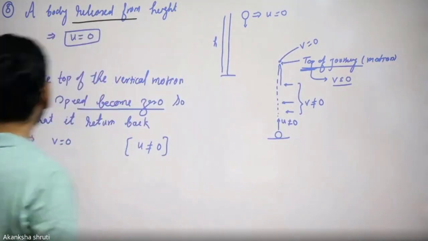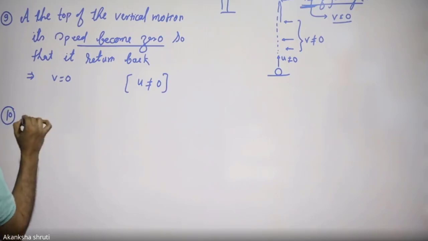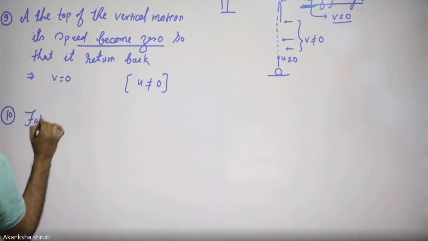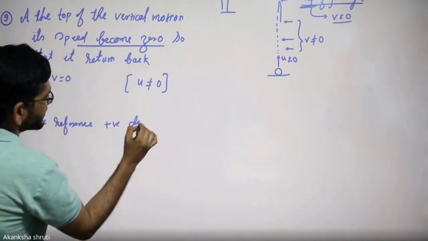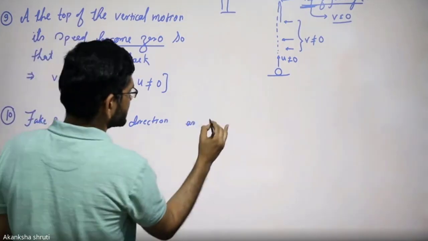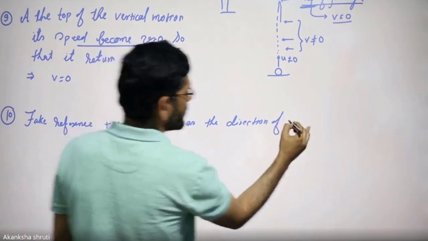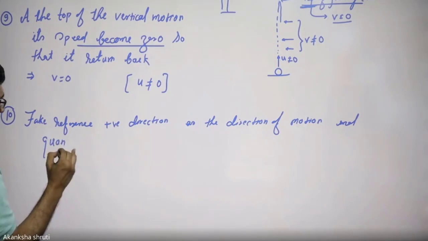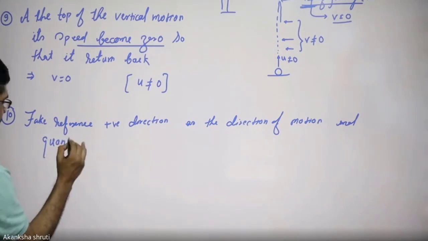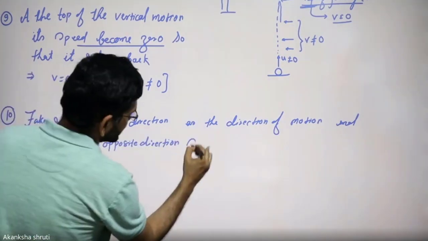In this, student, though I had explained it in points number 4 and 5, if you wish, you may write this. Take the reference positive direction as the direction of motion, and quantities in the opposite direction should be taken negative.